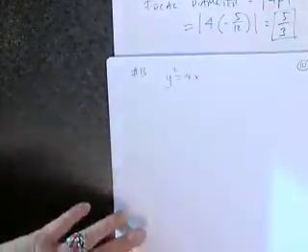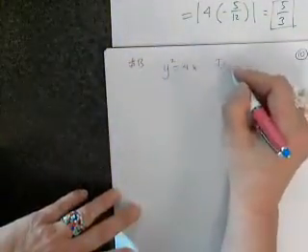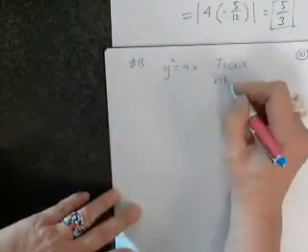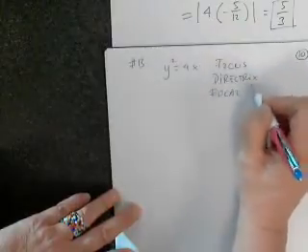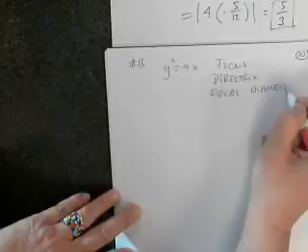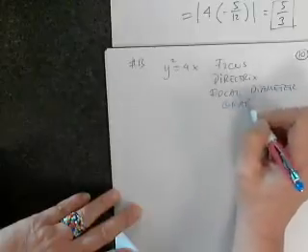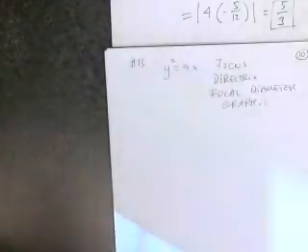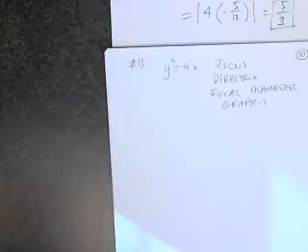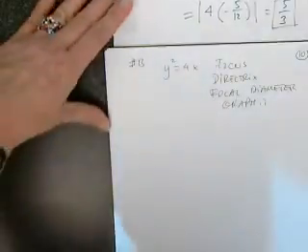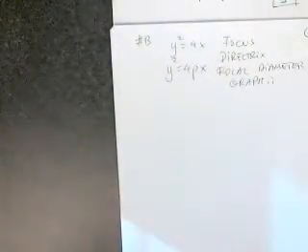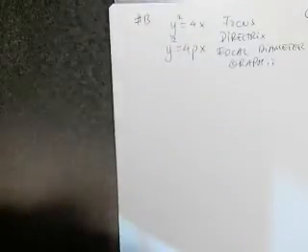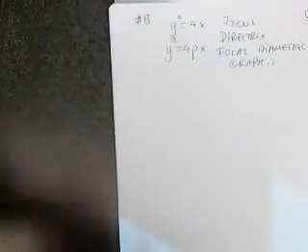We have the same 4 questions here: the focus, directrix, focal diameter, and graph it. Good. So we are comparing to y squared equals 4px. There is an equation here that I have to solve because I need to find p. So what will you tell me to write?